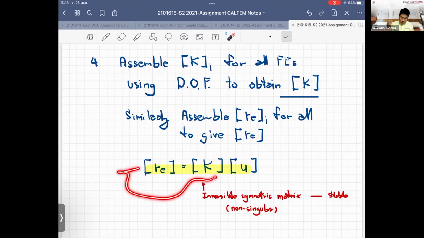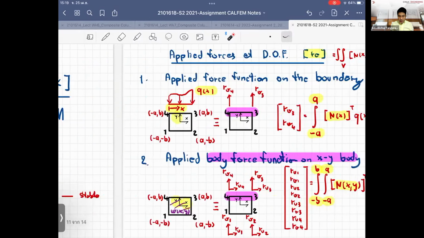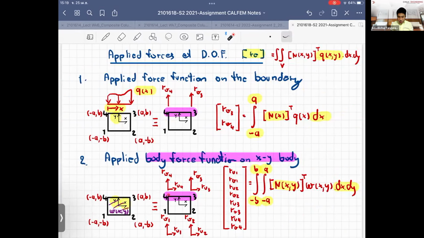You take the inverse, and with the force matrix that you assembled for the whole structure, you obtain the value of the displacement. The displacement is for each of the degrees of freedom. And how do we use this displacement? You have to take this displacement and send it back to each of the elements.